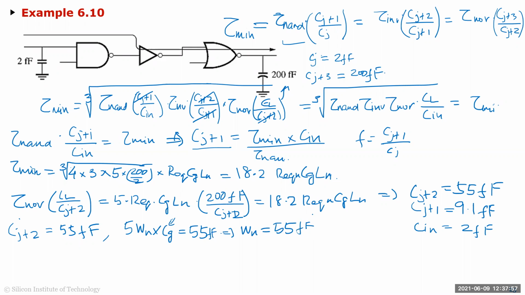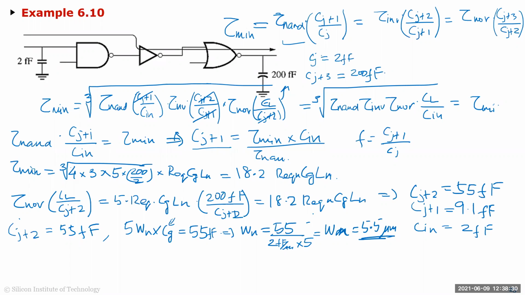Not 55 femtofarad, it is 50. Okay, what's the unit here? 55 by 2 femtofarad per micrometer times 5. Oh yeah, because this is unitless, this is micrometer, so then WN is equal to 5.5 micrometer.